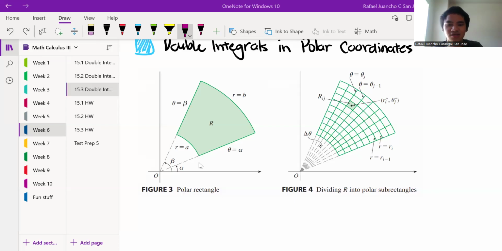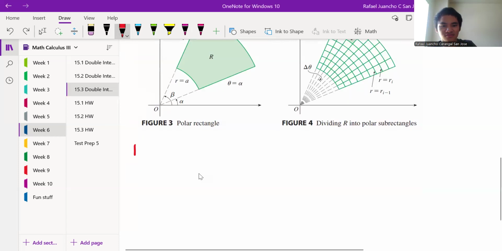I'll write the notation a bit actually. So this is the notation of the Riemann sum of figure 4, how we can divide that thing. So it's again a double Riemann sum.